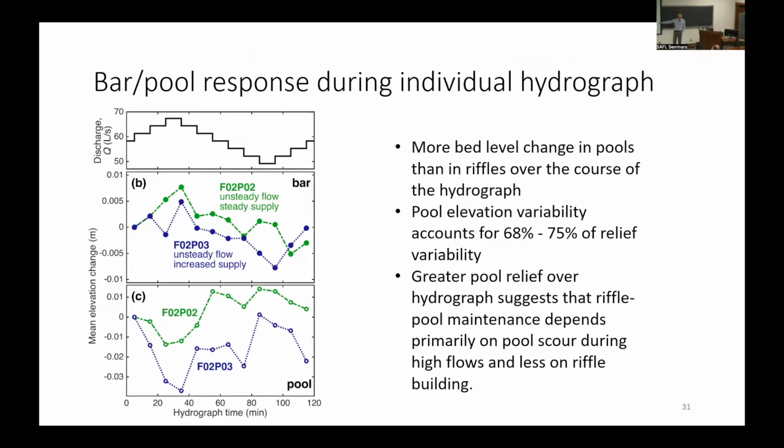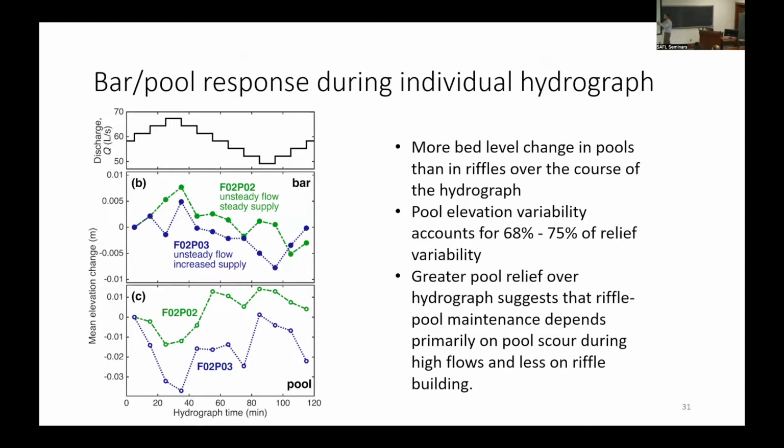One long-standing question in fluvial geomorphology, going back at least 50 years, has been, how do bars and pools persist? Why wouldn't we just expect pools to fill in and riffles to erode? What is the mechanism that allows these things to persist? Do we need to have unsteady flow? Do we need to have what's called flow convergence routing?